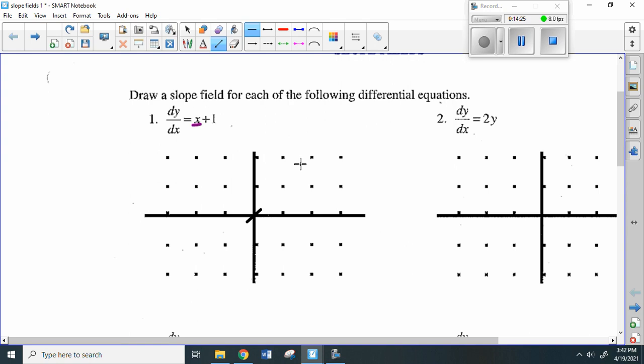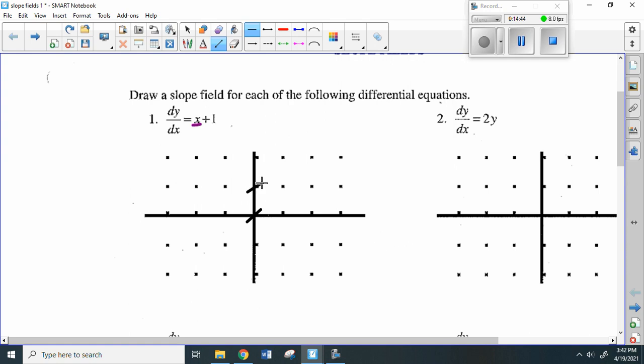Because x is the only variable in this particular equation, every single point that has that same x value will have the same slope. Whenever x is 0, the slope will be positive 1.